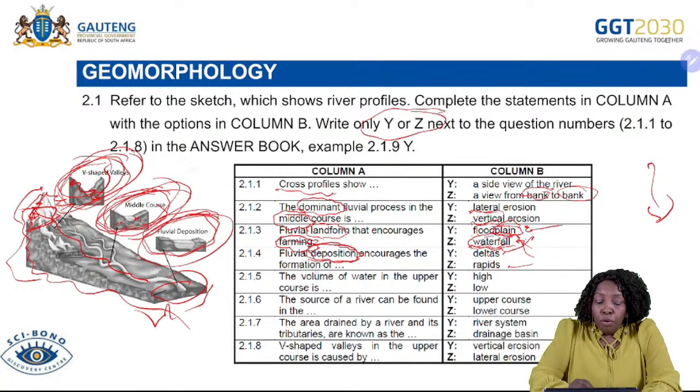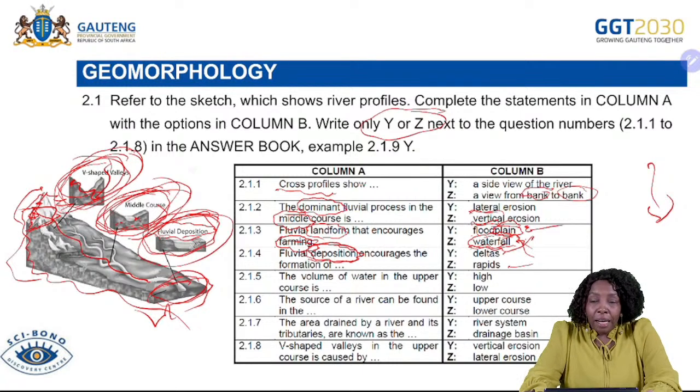You have been taught how deltas are formed as well as how rapids are formed. So these landforms, as we have them here, deltas would form at the lower course of the river. And even when you go to your diagram here, it says fluvial deposition. So can you see there is some guideline that will help you to have an understanding of how to get an answer.